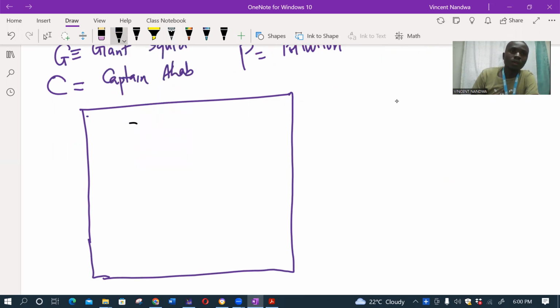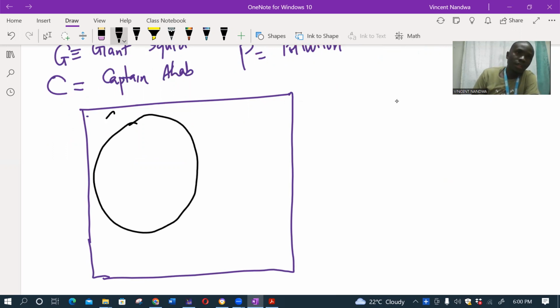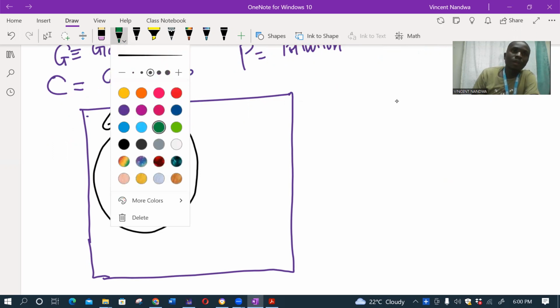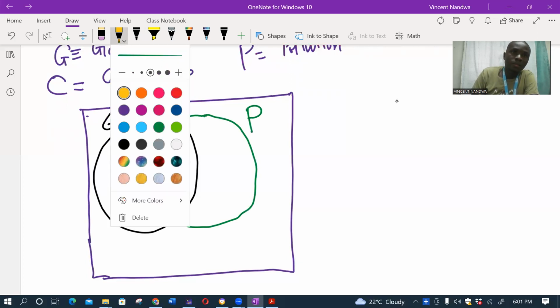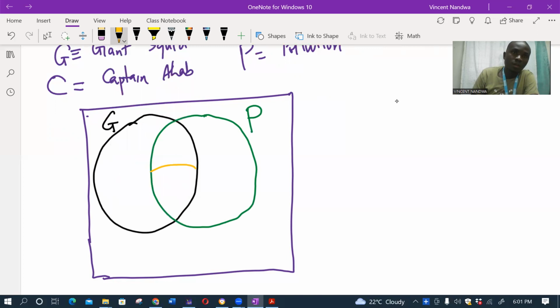Now, let this be the set of those who dislike giant squids. Let this be the set of those who dislike pollution. And let this be the set of those who dislike Captain Ahab, C.